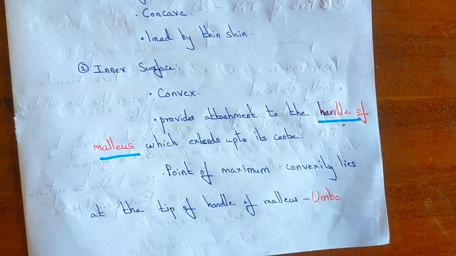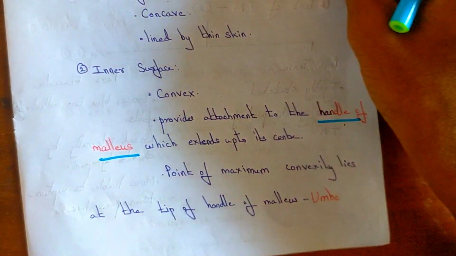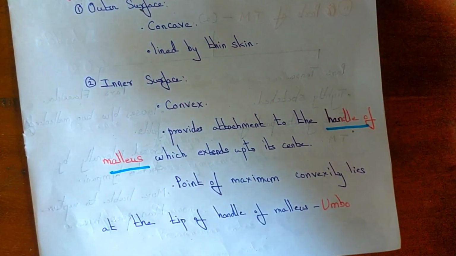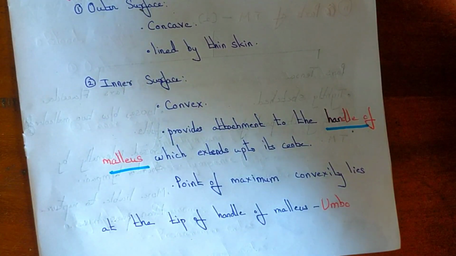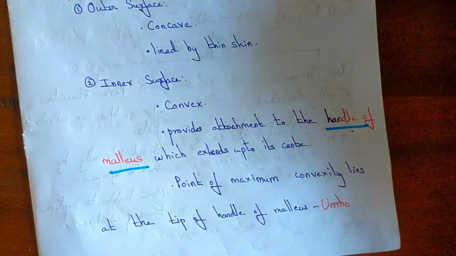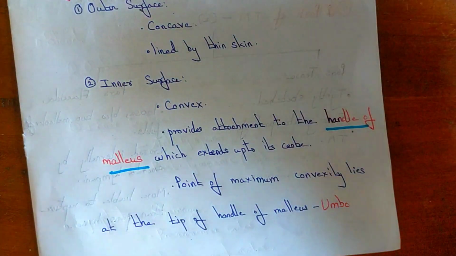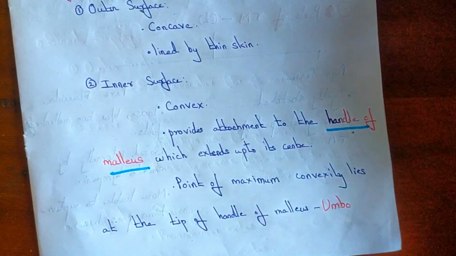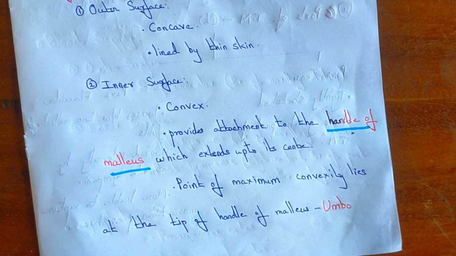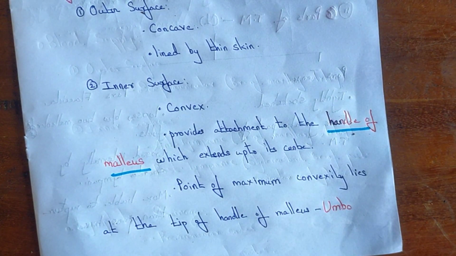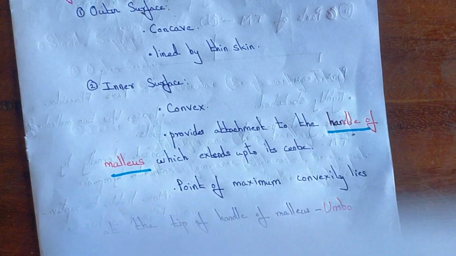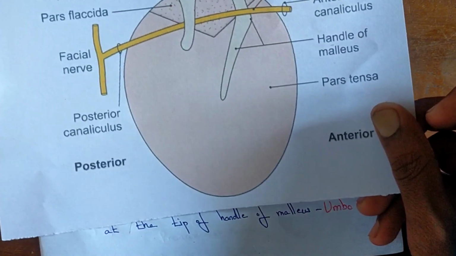Got it? Now let's rewind once again. It has two surfaces, the outer surface and the inner surface. The outer surface is concave and is lined by thin skin, which has hair. The inner surface is convex and provides attachment to the handle of malleus. You can see here in this picture, this is the inner surface of the tympanic membrane.